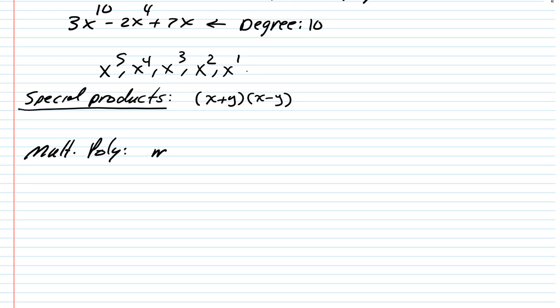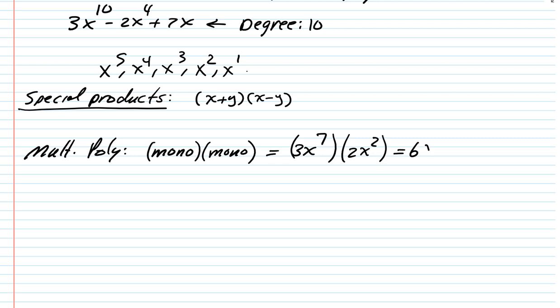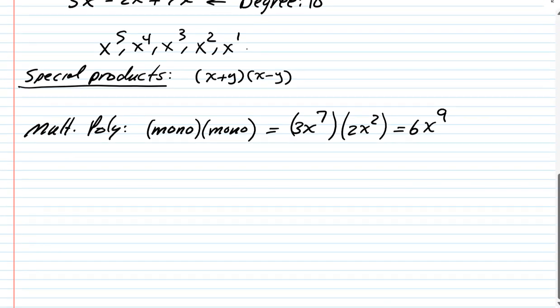So the easiest case is when I'm doing a monomial times a monomial. For example, 3x^7 times 2x^2. You simply multiply 3 by 2, the coefficients, and multiply the variables: 2 plus 7, 9, using the product rule of exponents.